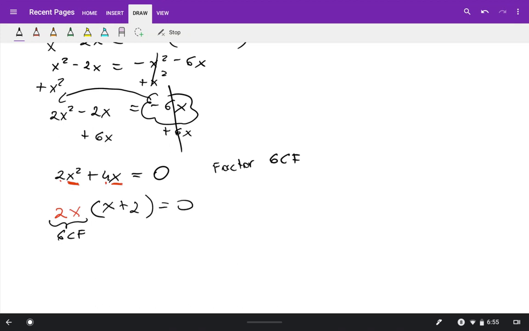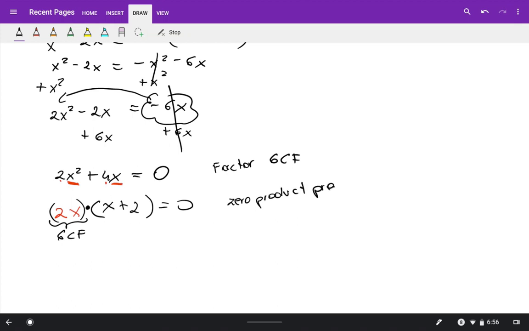So again, when you factor the GCF, if you distribute that GCF, you should end up with your original equation. Okay, so definitely this one is correct. And now when we factor the GCF, look what happened. We have a multiplication of two expressions. That means you're ready to use the zero product property.